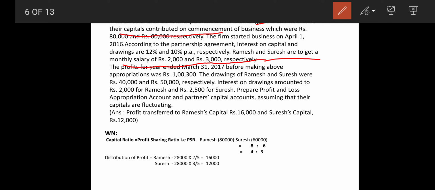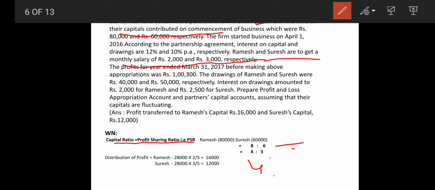So capital ratio is equal to profit sharing ratio, that is PSR. Ramesh is 80,000, Suresh is 60,000. Common zeros are to be removed, so ultimately they are left with 8:6. Now here also it can be simplified, so 8:6 becomes 4:3. That is, 2 4s are 8 and 2 3s are 6.